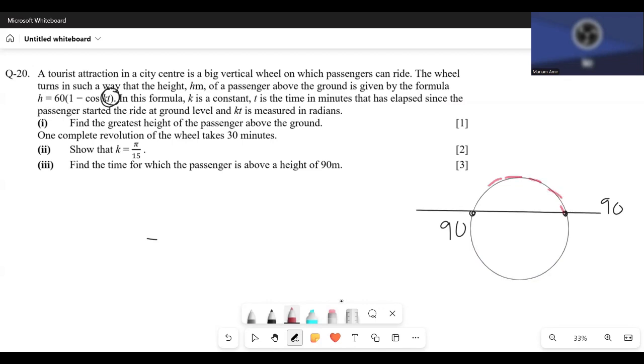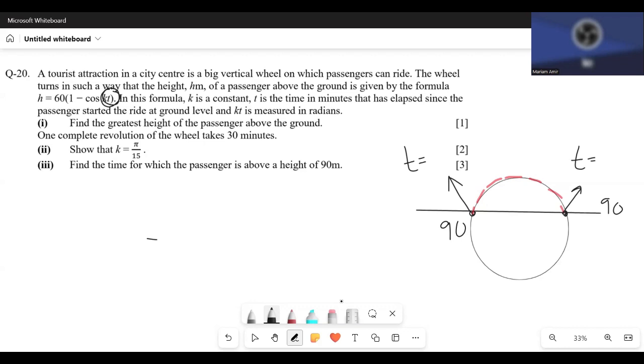So between this region, the height is going to be above 90. What we'll try to do, we'll find the time taken to get the height of 90 for the first time, and then we'll try to find the value of t when again the passenger reaches a height of 90 meters while going down, and then we're going to subtract these two times.